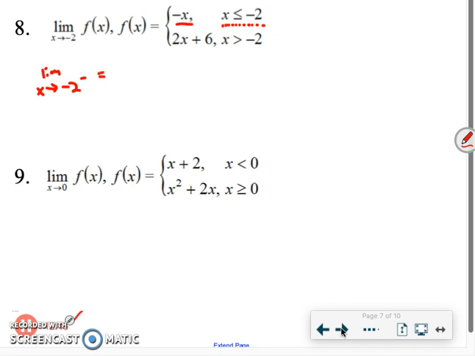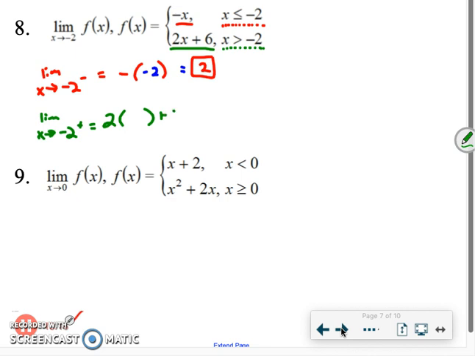So we're going to evaluate negative x directly, meaning if I have negative x and we're putting the -2 in place for x, we can quickly determine that that value is going to be -(-2), which is +2. So in doing the exact same thing with my limit as x approaches -2 from the positive side, that means that we're here. So now we're going to try to evaluate 2x plus 6.